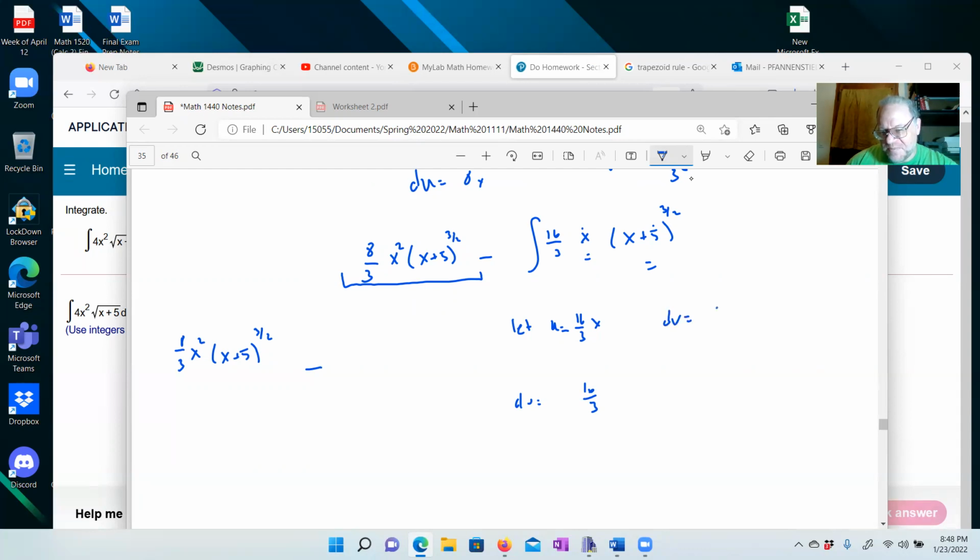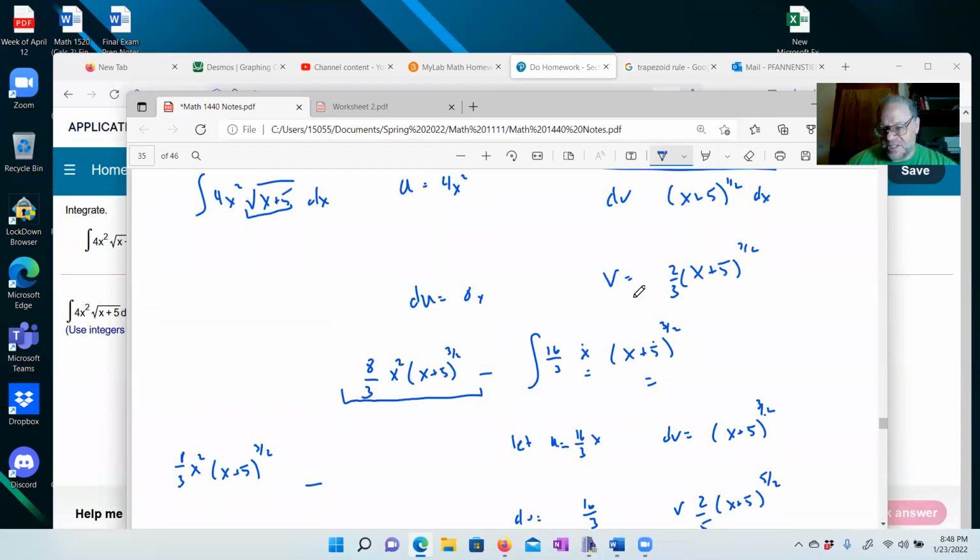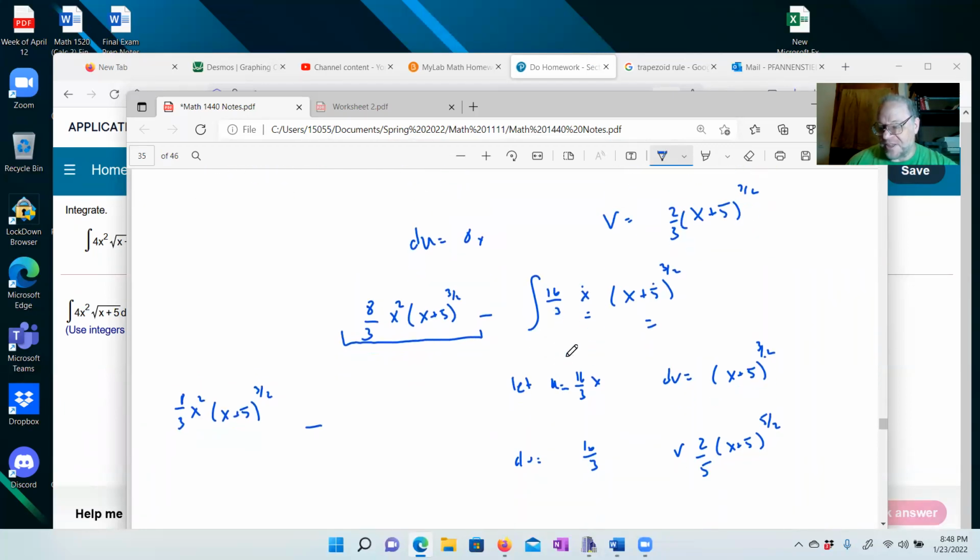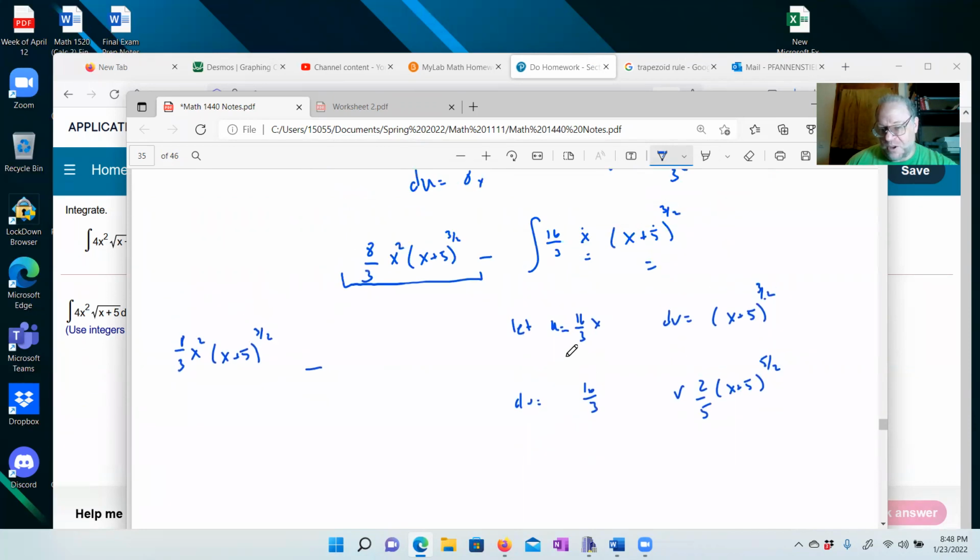Okay, dv is (x plus 5) to the 3/2. Okay, let's integrate it. So we're going to have x plus 5, add 1, so that's going to be 5/2, and we're going to have 2/5 here. Okay, notice I put the coefficients with the x, so that I can make the problem a little smaller.